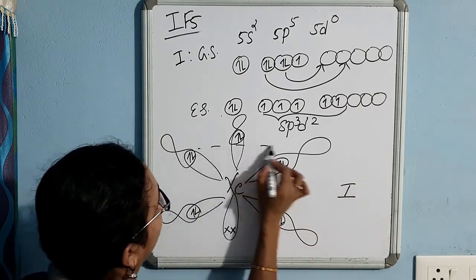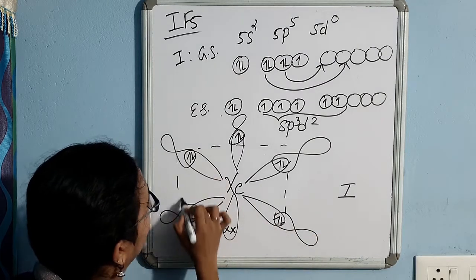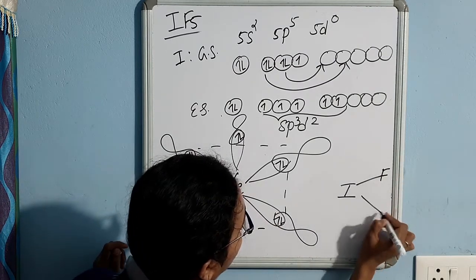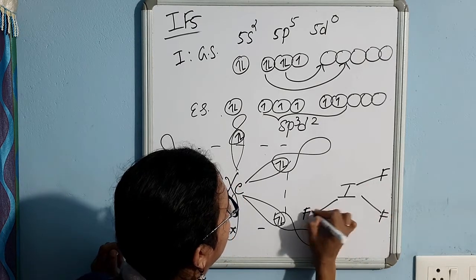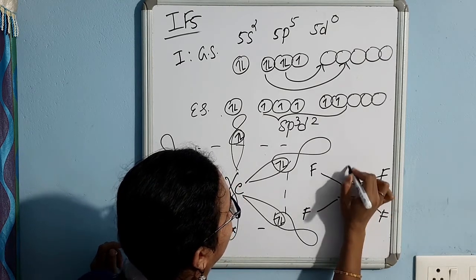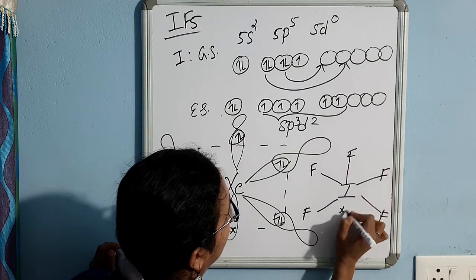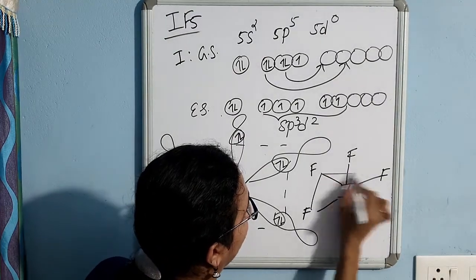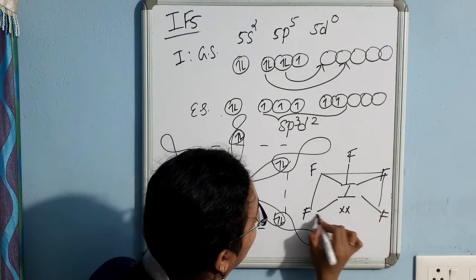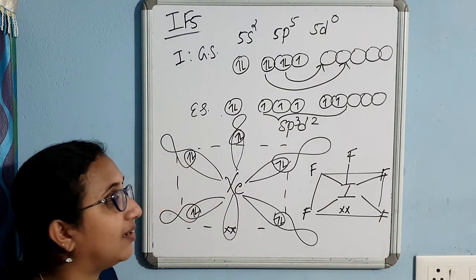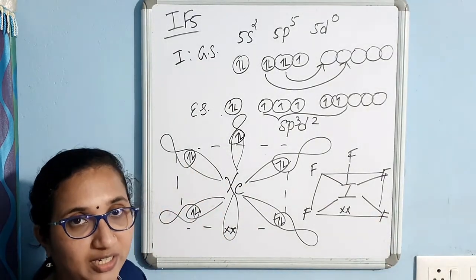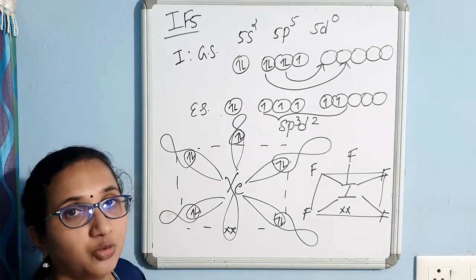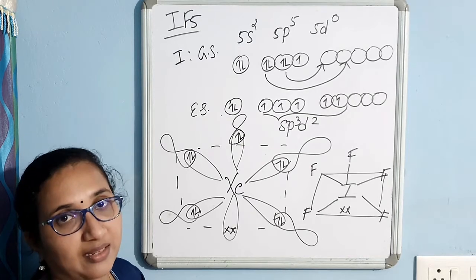So here the geometry will be square pyramidal. We have the IF5 molecule with square pyramidal geometry, that is, we have 5 bond pairs and 1 lone pair. So whenever you have 5 bond pairs and 1 lone pair, it will have square pyramidal geometry, and in the case of XeF4, 4 bond pairs and 2 lone pairs, it is square planar.